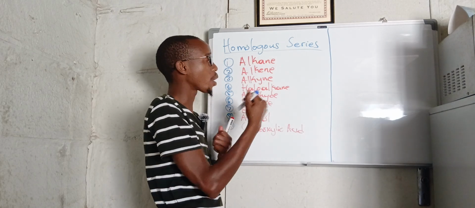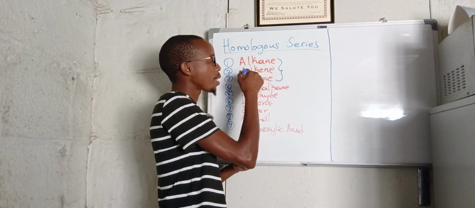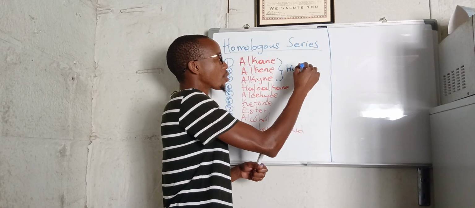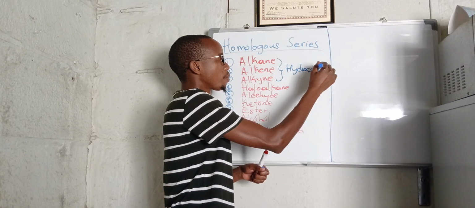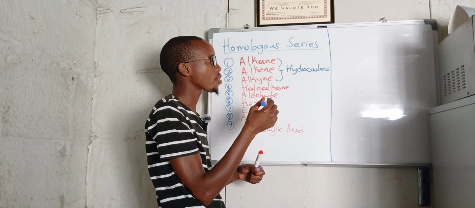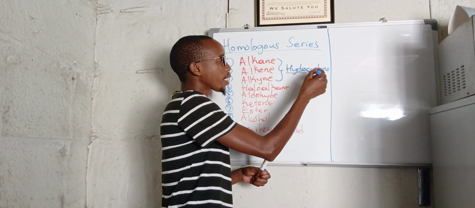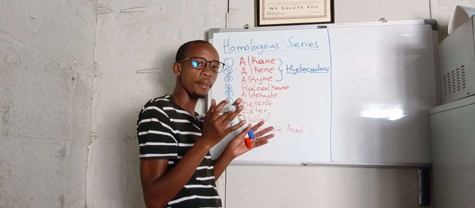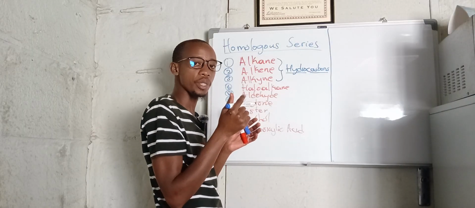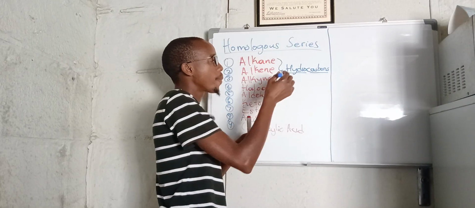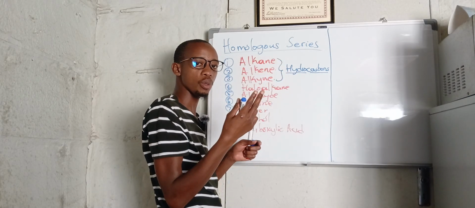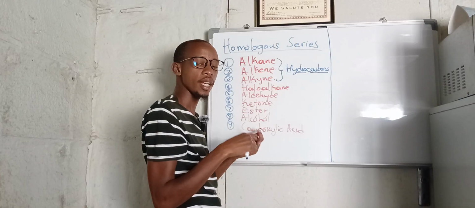There is one thing that I also want us to see. Since there is a link between these three, they are called the hydrocarbons. Hydrocarbons means that they are substances that consist only of hydrogen and carbon. Hydrocarbon is an amalgamation of two words, hydrogen and carbon. So when you see alkane, alkene, and alkyne, you'll always see two elements basically, which are hydrogen and carbon.